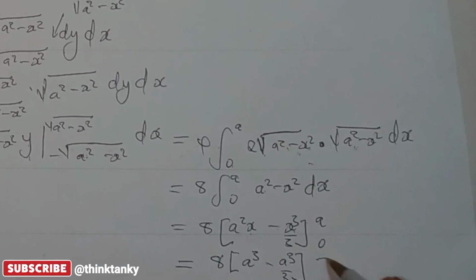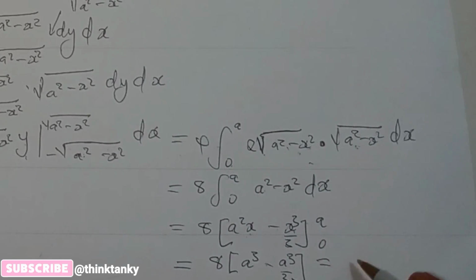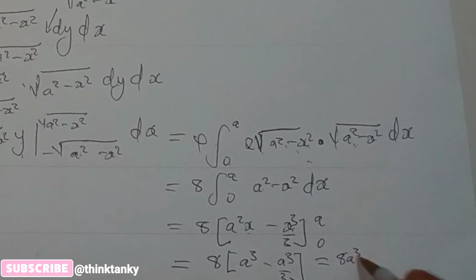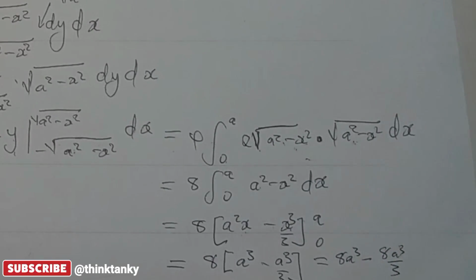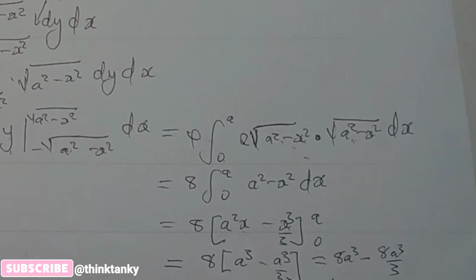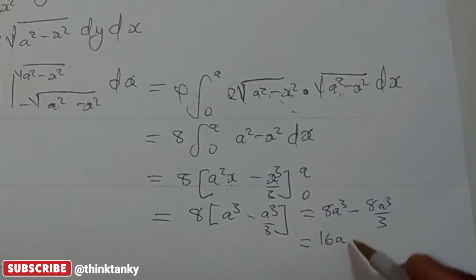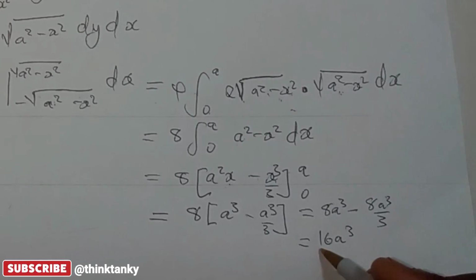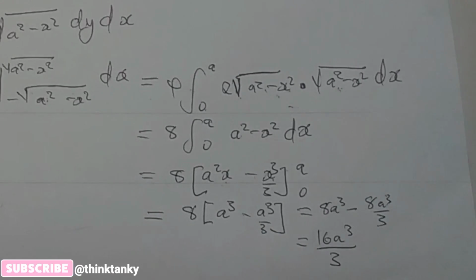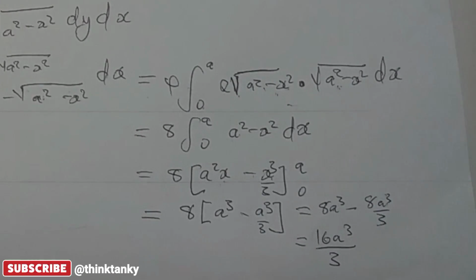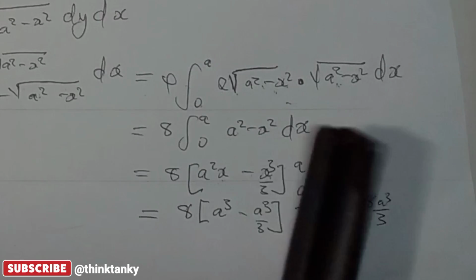So this is equal to 8a cubed minus 8a cubed over 3, and this is equal to 16a cubed over 3.